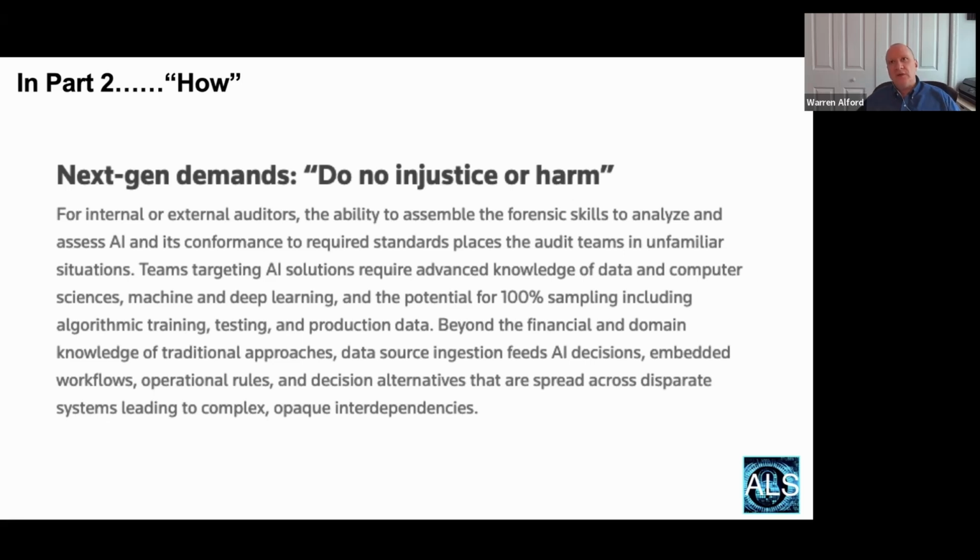Now what we'll do in our next webinar is we're going to ask how, and we're going to look at how to audit, both internal and externally, how to audit these systems. And we're going to look at some audit standards. We're going to look at audit programs, the approaches and methods, and the specifics to be able to plan, prepare, perform, and to report an AI audit itself.